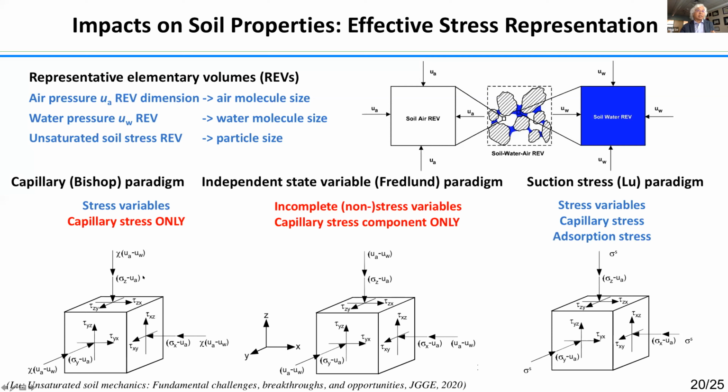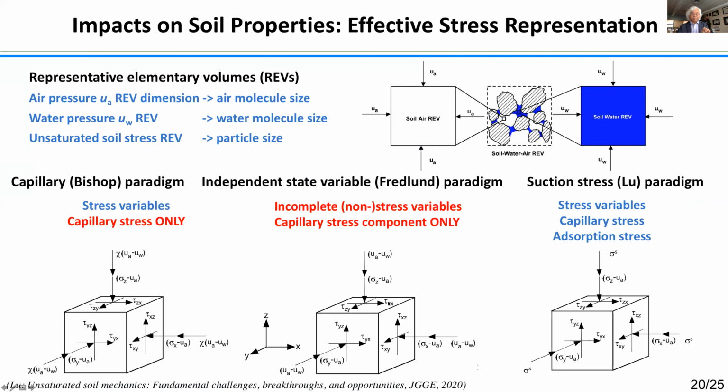It considers the total stress and the capillary pressure, because as you see, Bishop defined it as air pressure minus water pressure times a coefficient. So that is only the capillary pressure. That's a stress because it is upscaled from the matric suction, which itself is not a stress quantity, to a stress quantity, but it's only capillary.